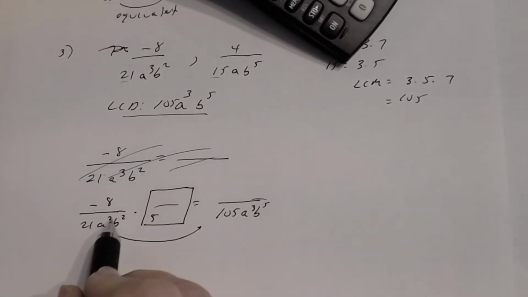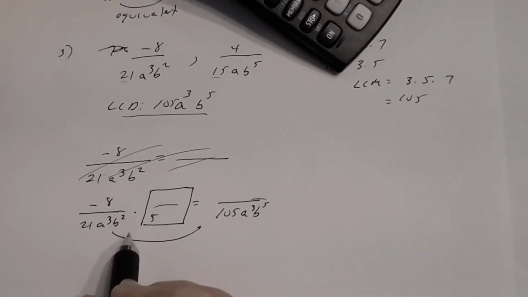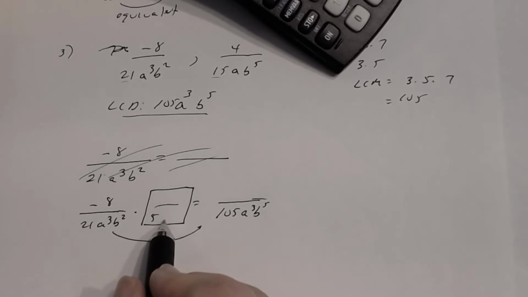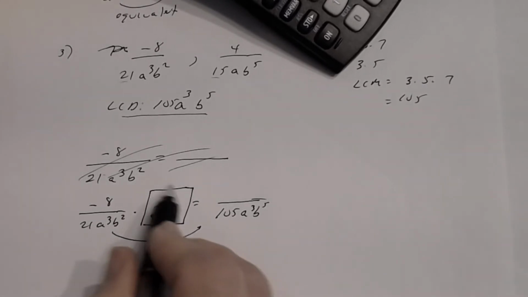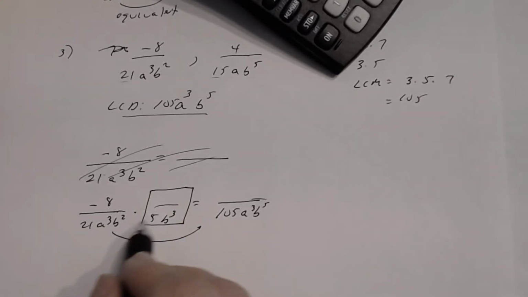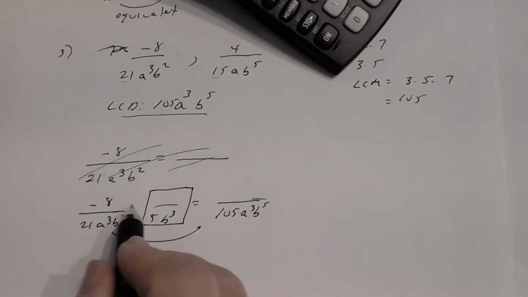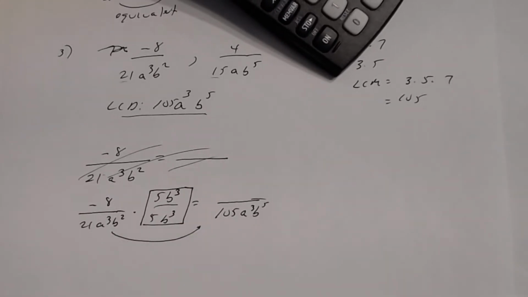Now a cubed times what is a cubed? Well, that's 1, so I don't need any a's here. b to the 2nd power times what is b to the 5th? Well, b to the 3rd. But remember this right here is equivalent to 1 right here. So whatever the denominator is, I got to multiply the numerator by that same factor.